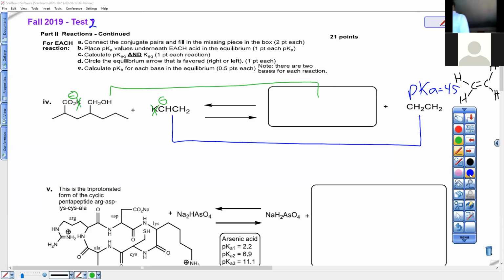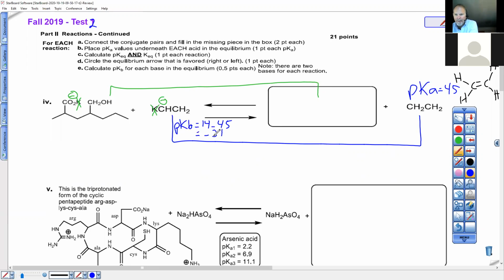And because ethene was an acid, this must be its conjugate base. -31.